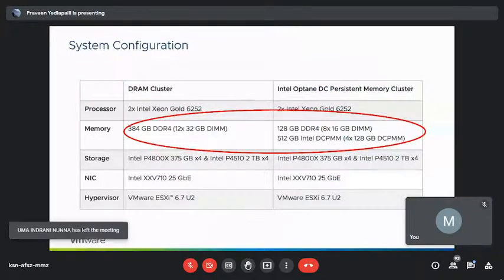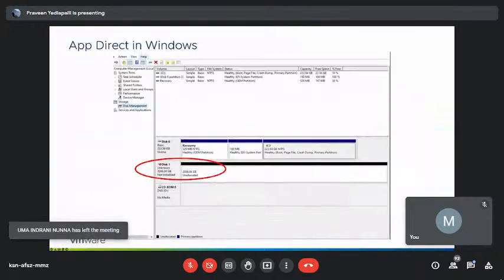It just looks like a disk SSD. Persistent memory looks like an SSD, at least in App Direct mode. You don't see any difference functionally. It's the same as SSD, just that it is very fast. It's like 5 to 6 times faster than any SSD that you can buy.